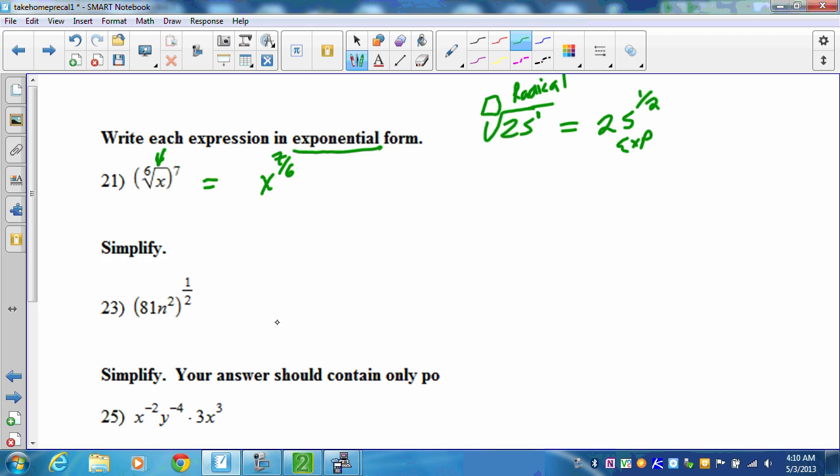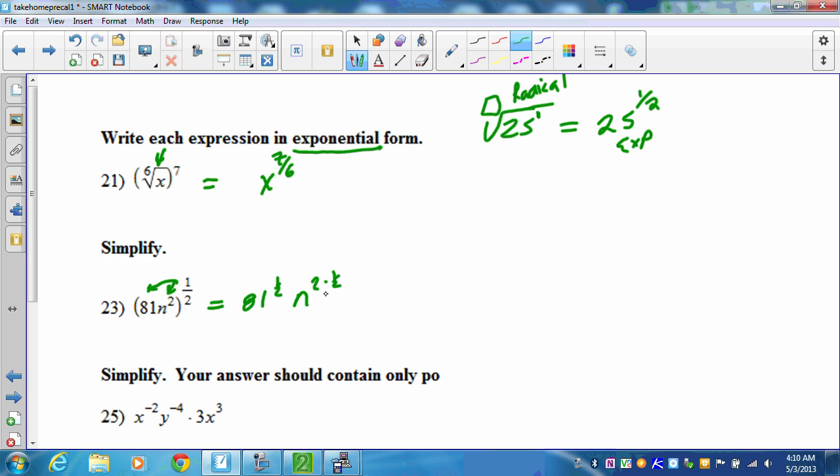Okay. All right. Number 23, we use the same thought process. Here, when you have exponents, you can multiply the exponents to each term by distributing them in there. So we have 81 to the 1/2 power, and we have n. You multiply 1/2 times 2.